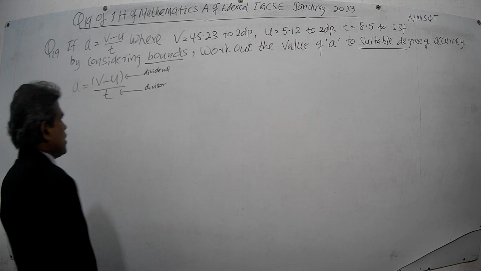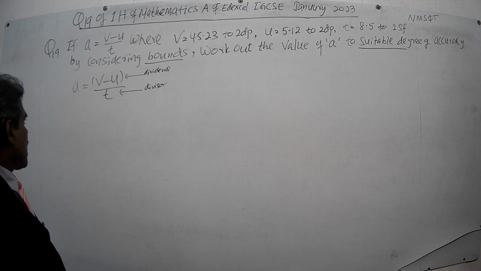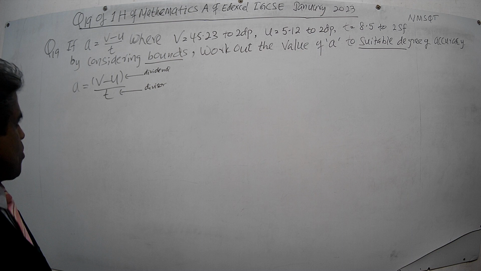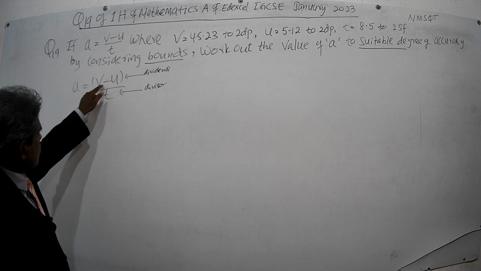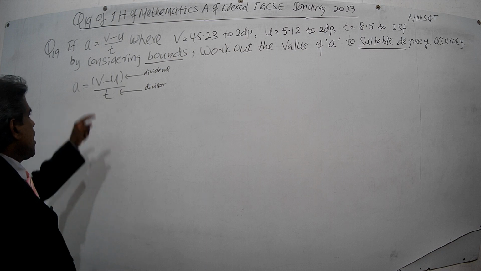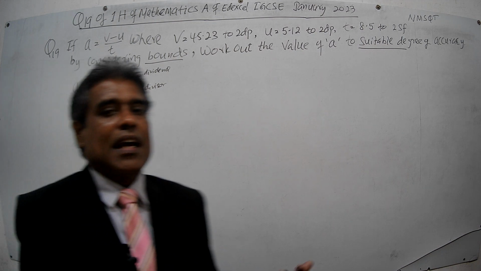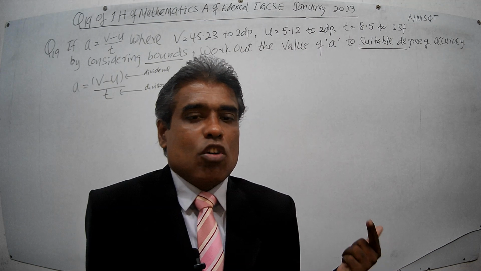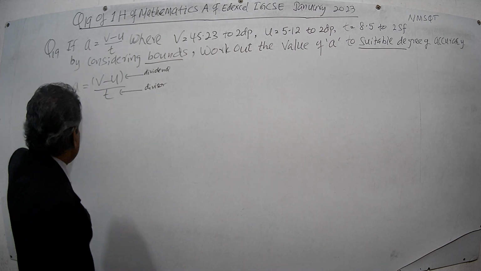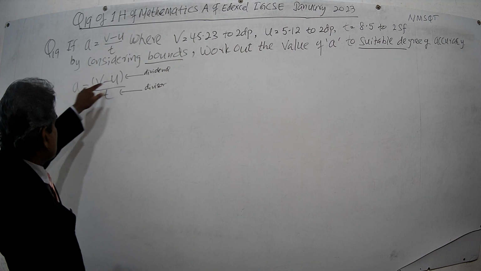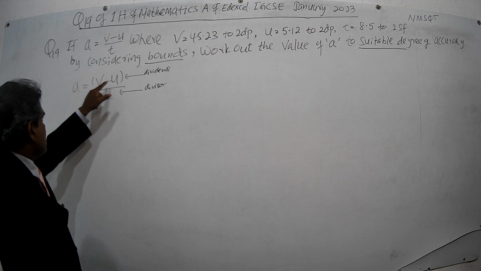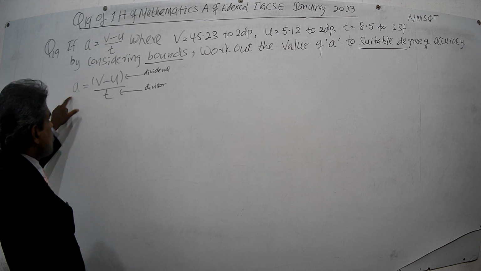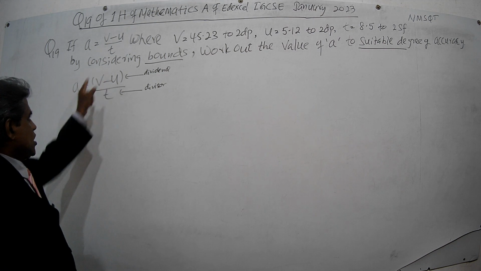Now we are going to find the upper bound of A. This is a division, and the answer when you divide one number by another is called the quotient. Therefore, A is the answer after dividing V minus U by T, so A must be the quotient of this division.